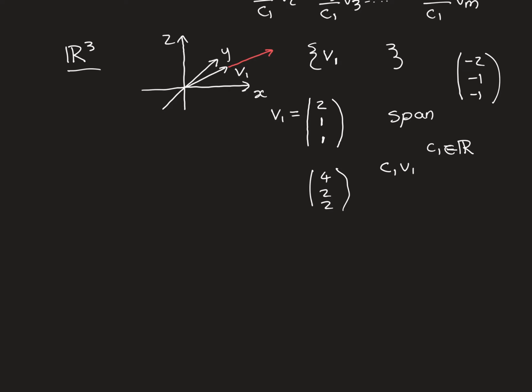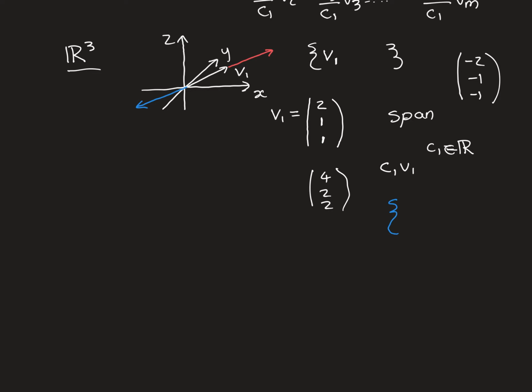Geometrically, it flips the vector in the other direction. It's going to go down here now. So that's that vector multiplied by -1. And hopefully you can see that if we multiply this by half, it will geometrically have gone to half the length. If we multiply it by 2/3, it will be 2/3 the length. And we're multiplying it by every single real number. So we're going to get a huge, great set of vectors if we did that.